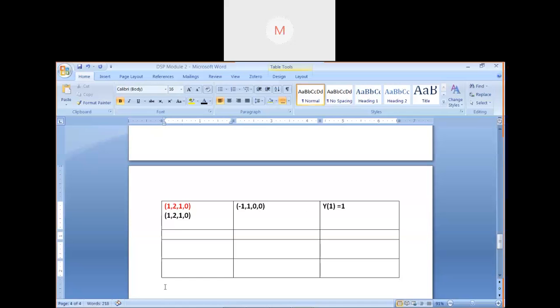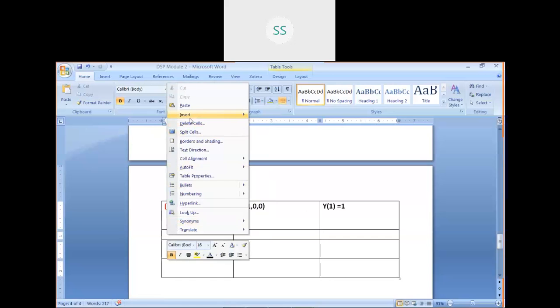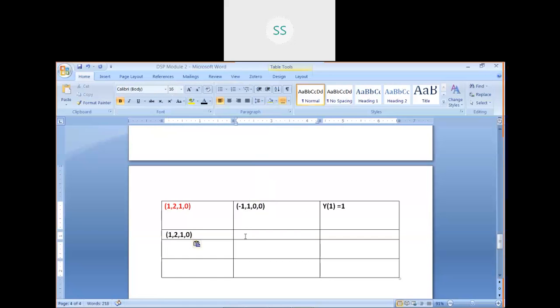So here you will have to rotate it one more time. The sequence will be 0, then minus 1, 1, 1, 1, 0, again 0. So for that, what is the answer? Minus 1.